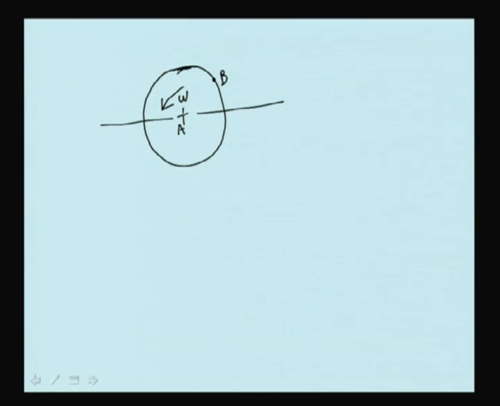Now, if we attach a moving reference frame at B, with this x radial direction and the other perpendicular, then this frame of reference also rotates with velocity omega.